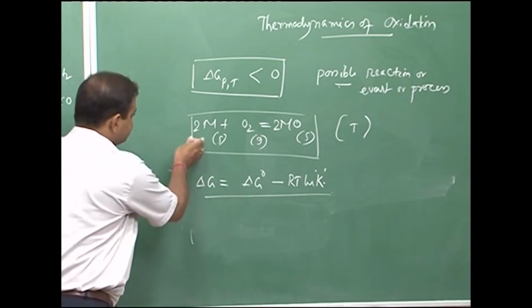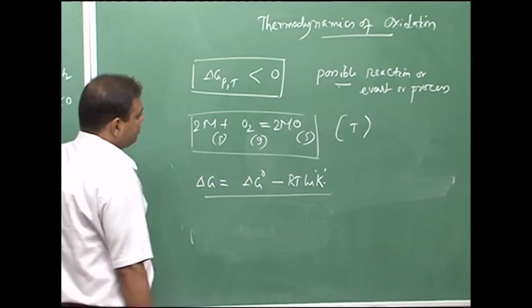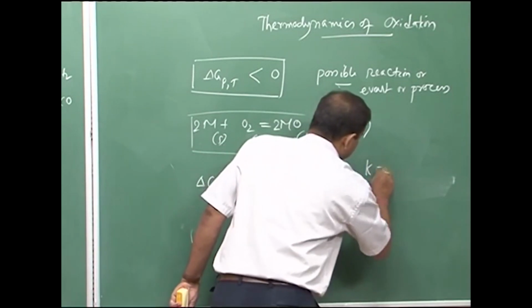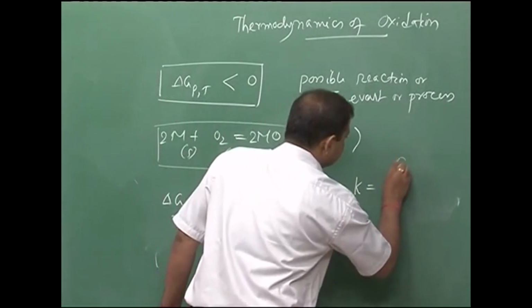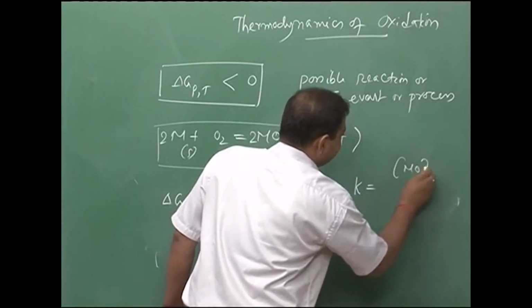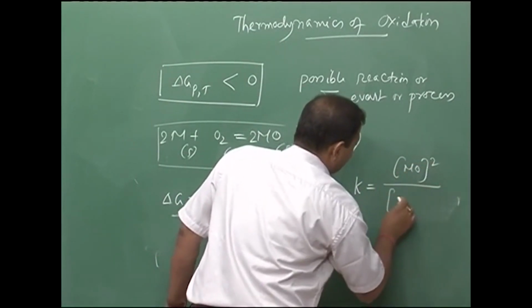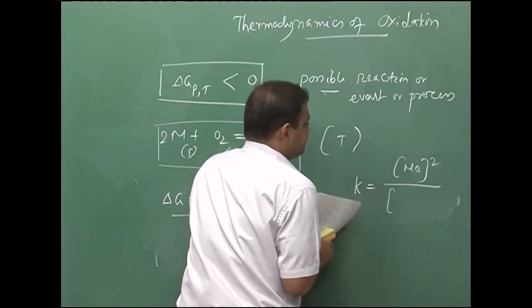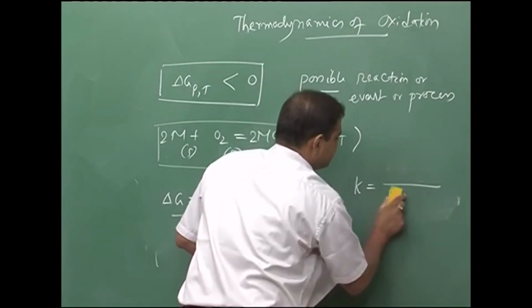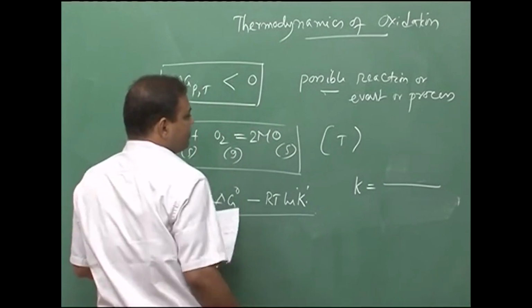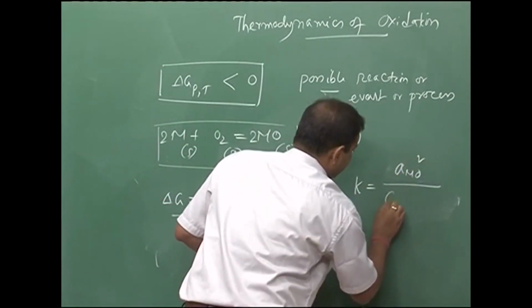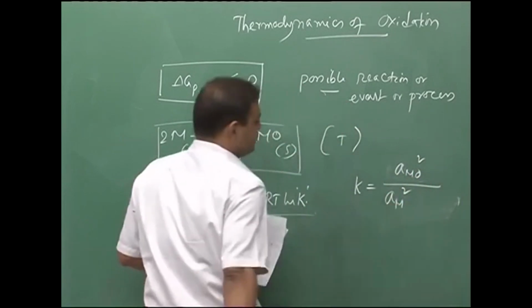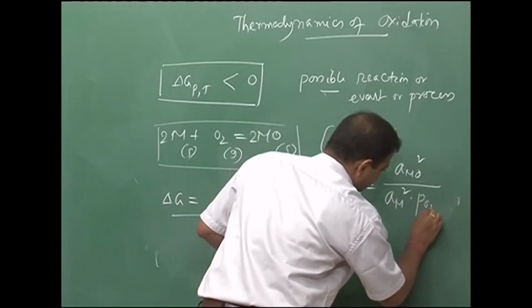If it reaches equilibrium, we can also write the expression for K in the form of activity and partial pressure of oxygen: activity of MO, activity of M, and partial pressure of oxygen.